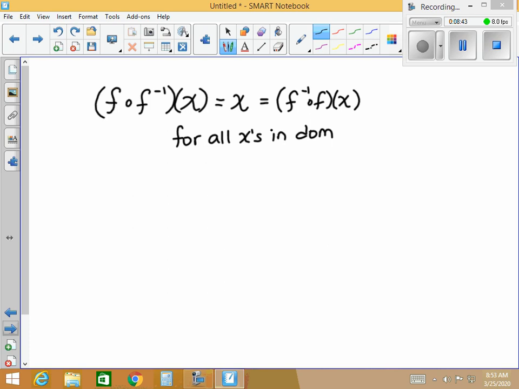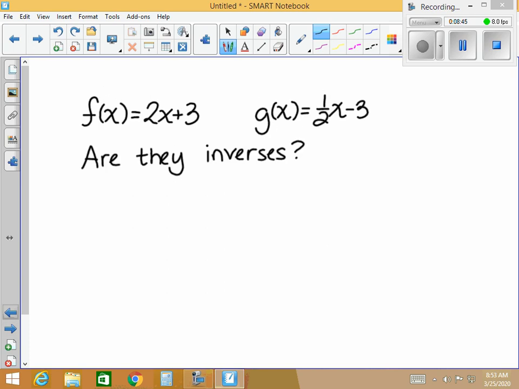So if I have two functions given to me, and the question is, are those two functions inverses of each other, then at my desk I can find the composition of those two functions and see what happens. If I plug one function into the other and all that comes out is a plain old x, then I know that, yes, these functions are inverses. If I get anything other than x, if I get x plus 1, if I get negative x, if I get 1 over x, then I stop and say, no, those guys are not inverses of each other.